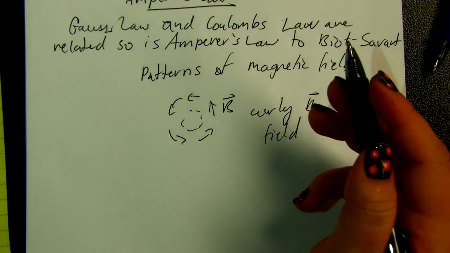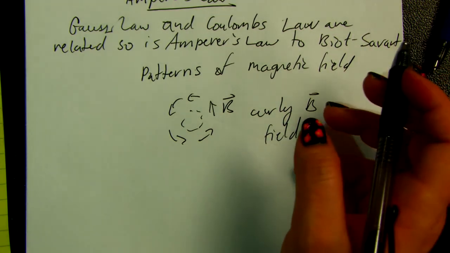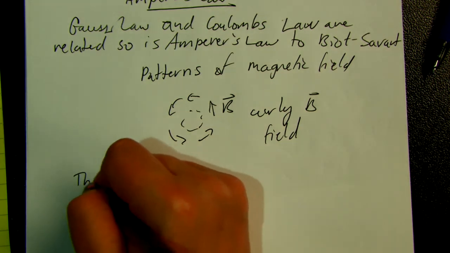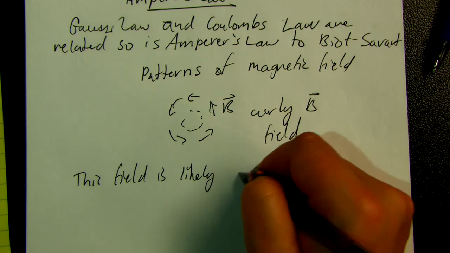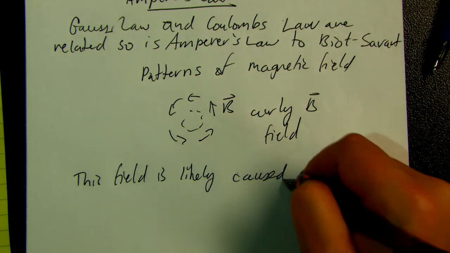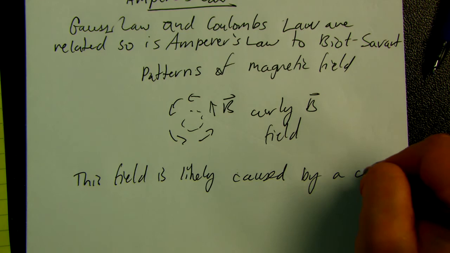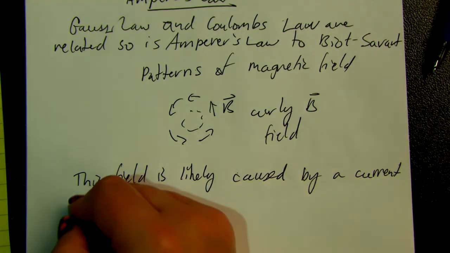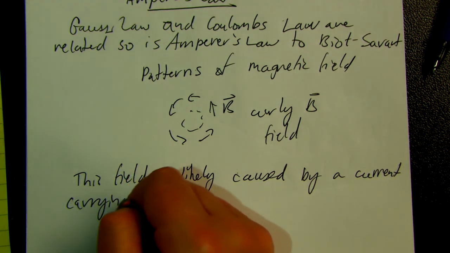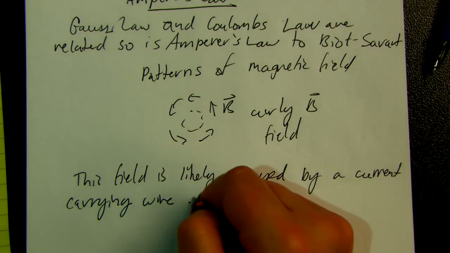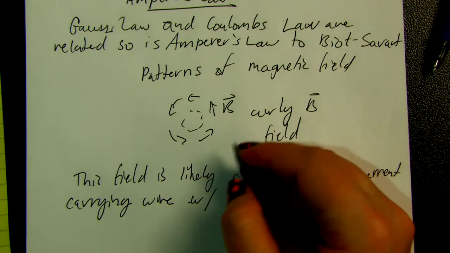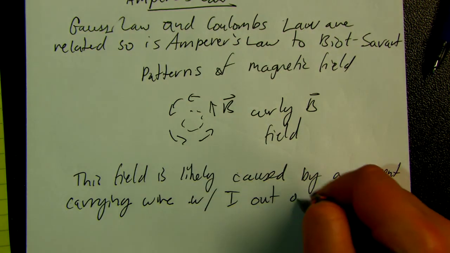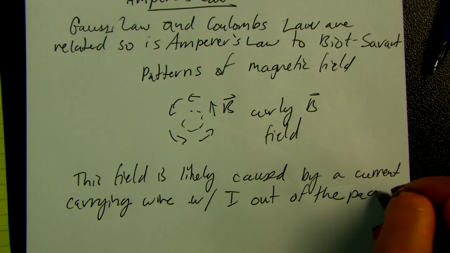Well, magnetic fields are caused by moving charges, and this field is likely caused by a current carrying wire with I out of the page. If it was going this way, I would be into the page.